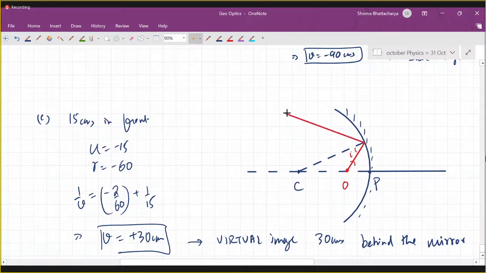Doesn't converge, but it becomes divergent such that it appears to be coming from behind the mirror. Hence the virtual image.